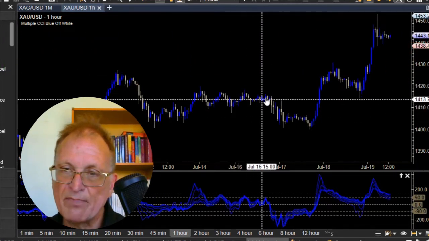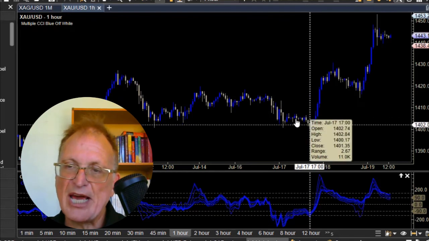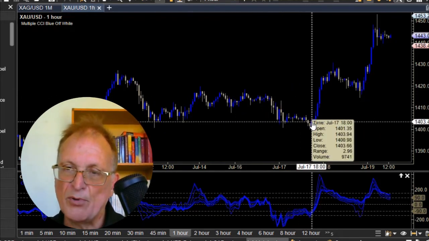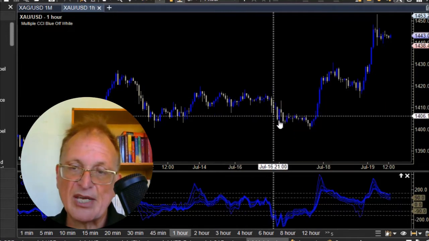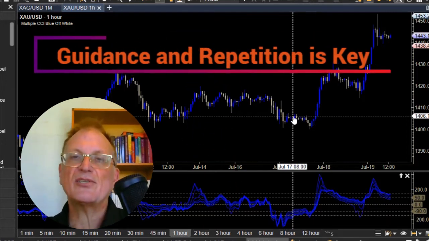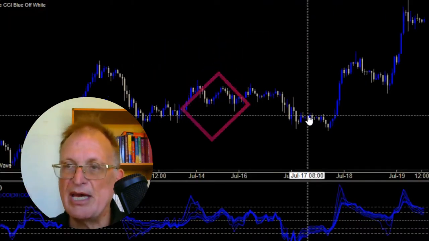Now you see this shape. Do you see this shape? For some people, you would instantaneously be able to recognize this point right here as a turning point. But for other people, it might take a little bit of practice and some time and guidance. Guidance every day with repetition over and over until you start to get this.